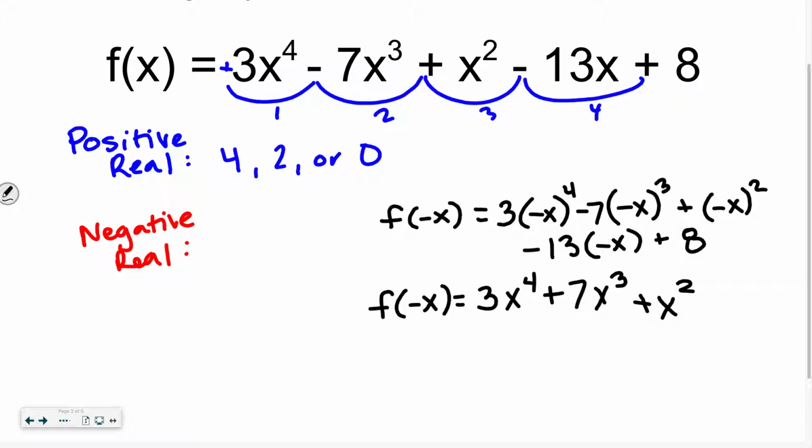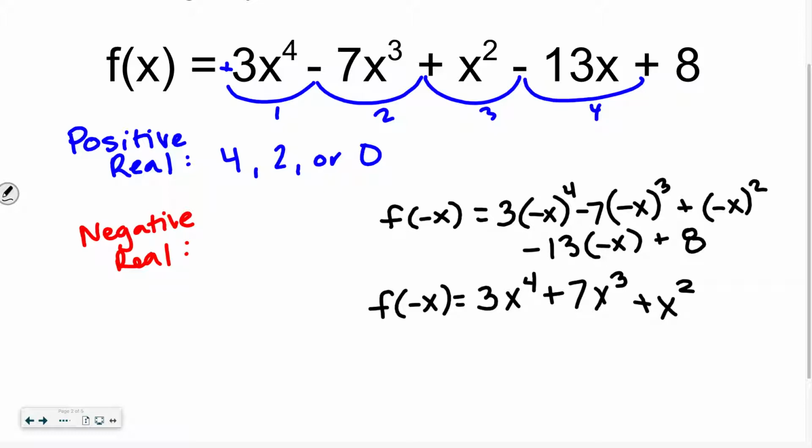If you're raising it to an even exponent, it will stay the same. 3x to the fourth and x squared haven't changed. If you're raising it to an odd exponent, that's going to introduce a negative, which is then going to change the sign of what it was originally.